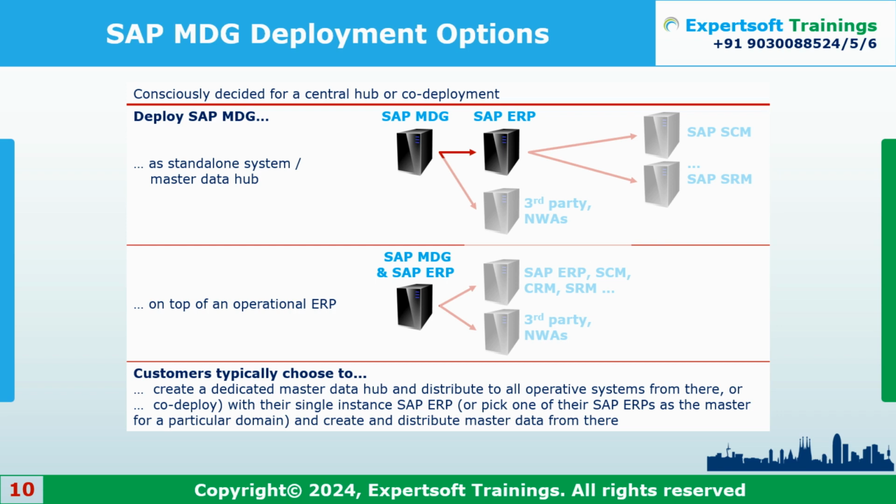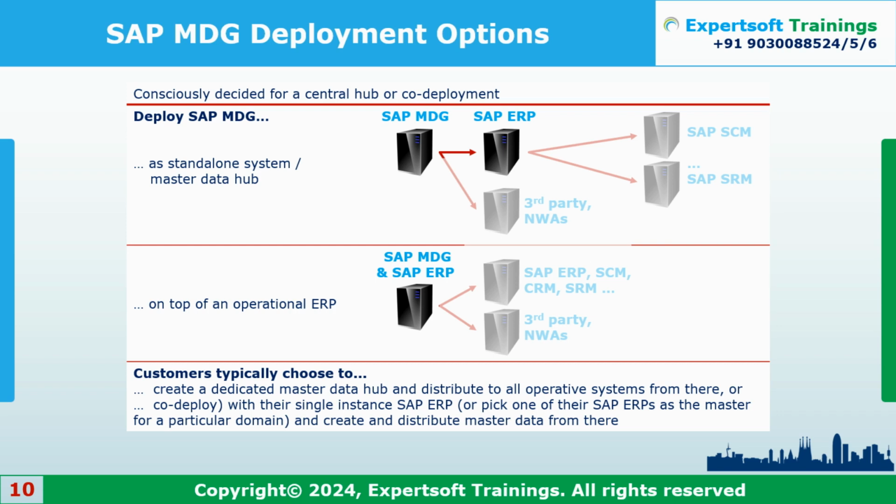Then why is there a difference between central hub and co-deployment? The main benefit of the hub deployment is that your downtime and dependency get reduced if anything goes wrong.